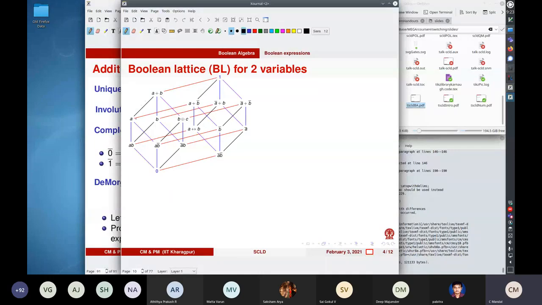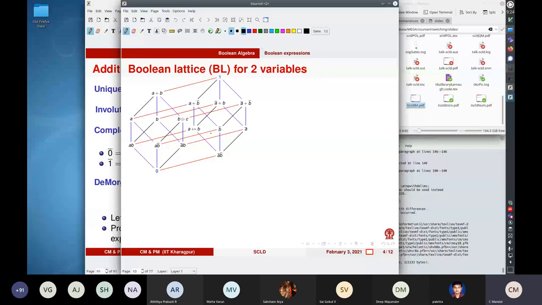If you consider the join of AB and AB bar, you have this element in the lattice, which indicates that you are satisfying property A, and so on. So these are various elements.